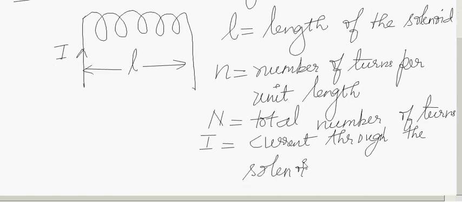We will assume these quantities. Let L is the length of the solenoid, I is the current through the solenoid, n is the number of turns per unit length, and A is the cross sectional area.